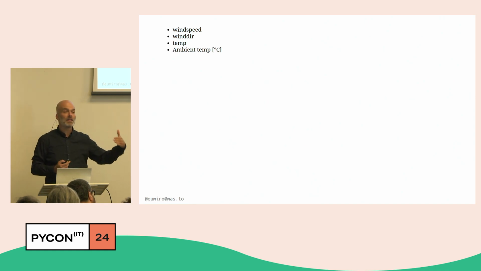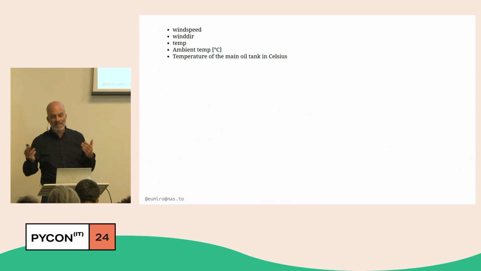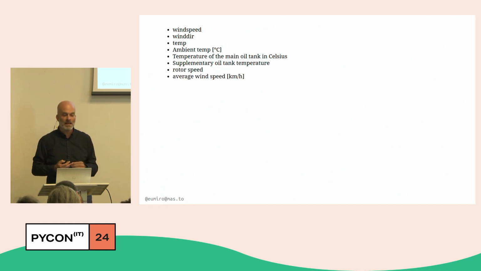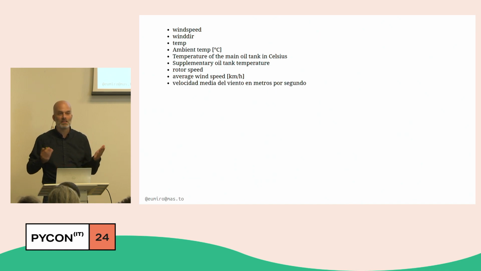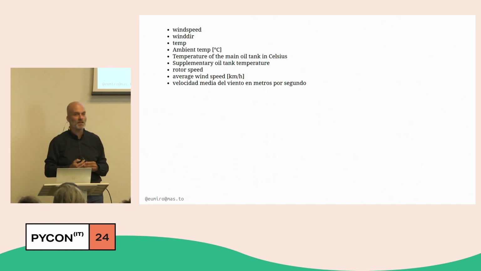And then we have some other parameters that come from the input. So we have ambient temperature, and you see this is already a little bit not so ASCII. Well, you have spaces, you have square brackets, but you have already these circles for degrees, and you can have longer names, you can have different ways of describing some parameters, and even something that is maybe in a different language.